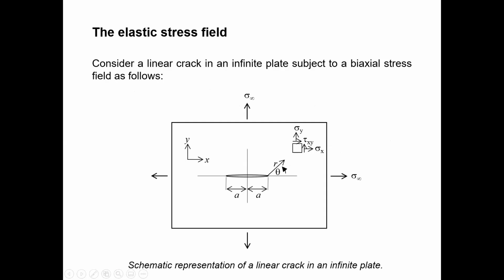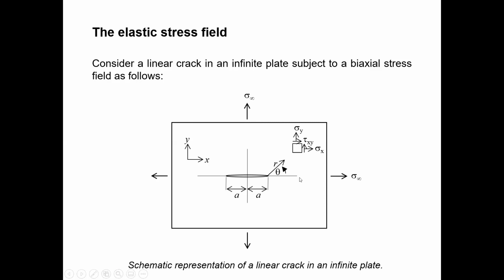So you can see here the infinite plate, infinite in each direction, x and y, with a center crack. If you want to find the stress at any point, if you change the angle, you can get any point around this circle, and if you change the radius, you can get any point on this plate around the crack.